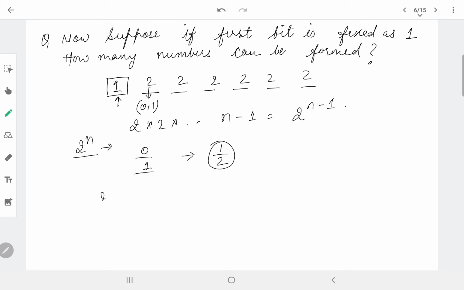Since 2 to the power n is the total number formed with n bits, the numbers starting with 1 will be 2 to the power n into 1 by 2, that is 2 to the power n minus 1. So we can see that this value is the same as the value we calculated. Now let's modify this question a little bit more and see the next question.